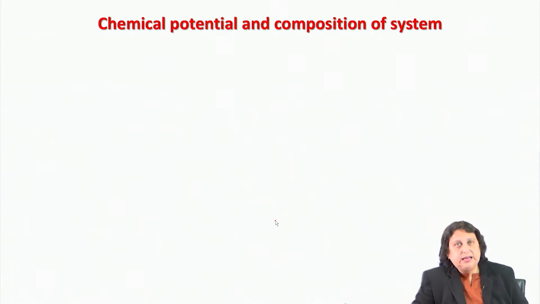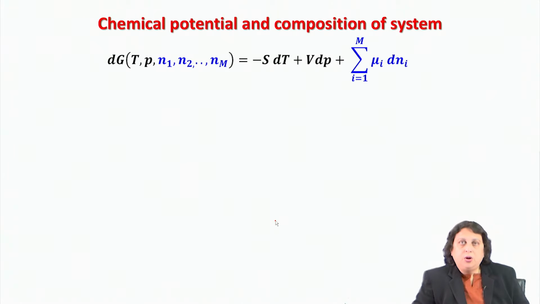Now with this, let us try and understand the difference between chemical potential and something like the concentration of the system as given in terms of the number of moles. You would obviously wonder, while the other two intensive variables are very easily measured, can we very easily measure the chemical potential?